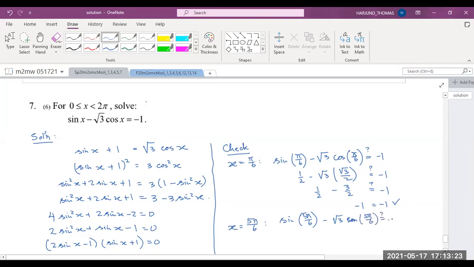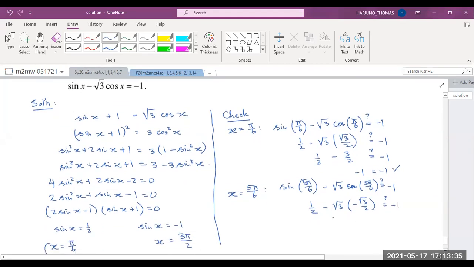Is it equal to -1? This is 1/2 minus radical 3 times negative radical 3 over 2. This is 1/2 plus 3/2. That's 2, not equal to -1. So 5 pi over 6 does not check.